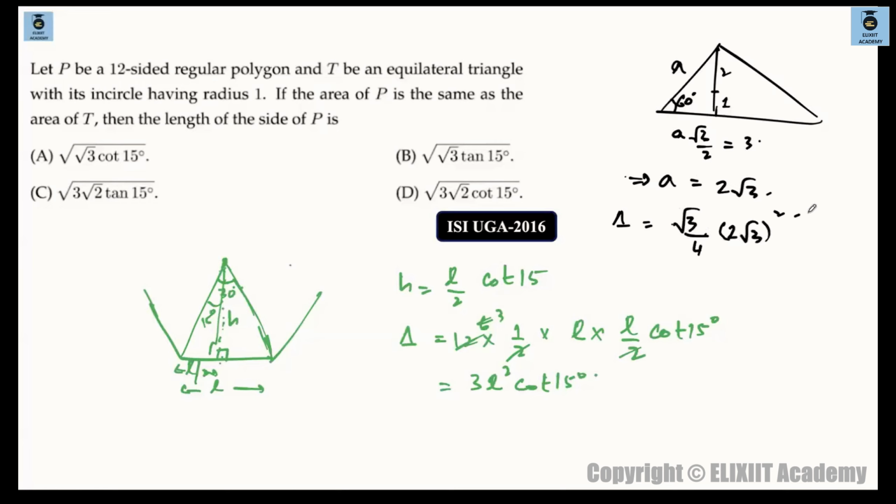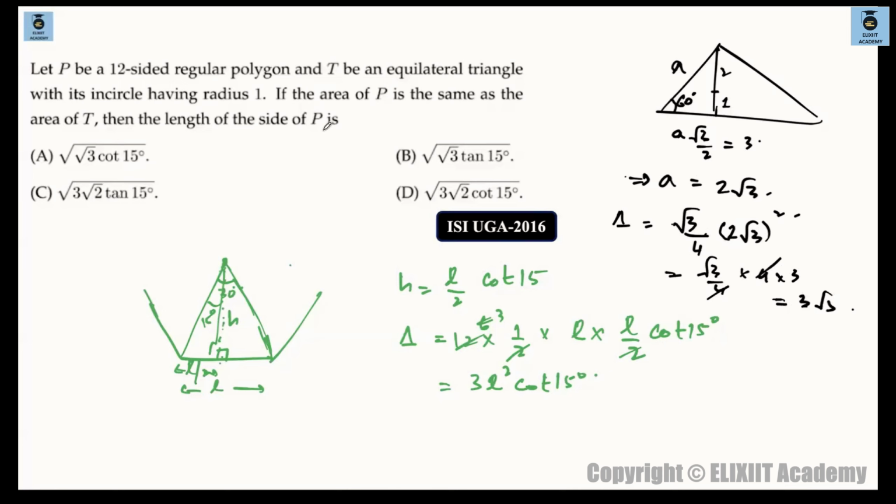So directly we say √3/4 times 12, 4 and 4 cancel out, so we are having 3√3. So now we have delta.